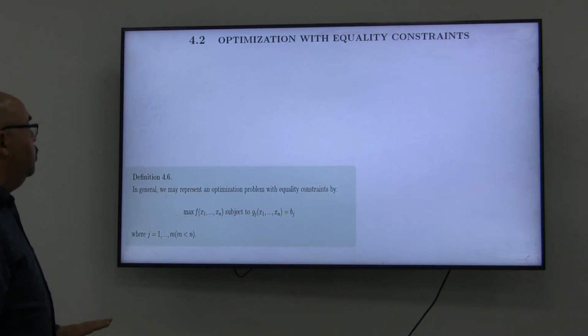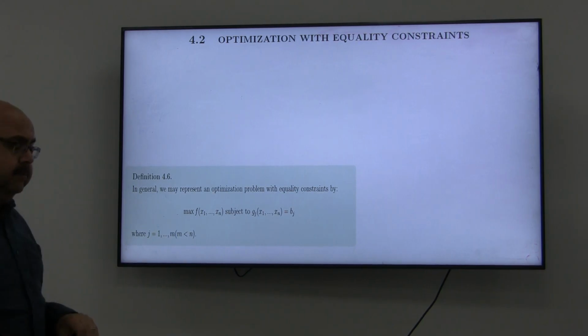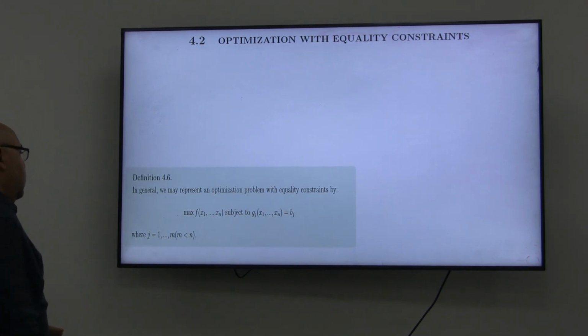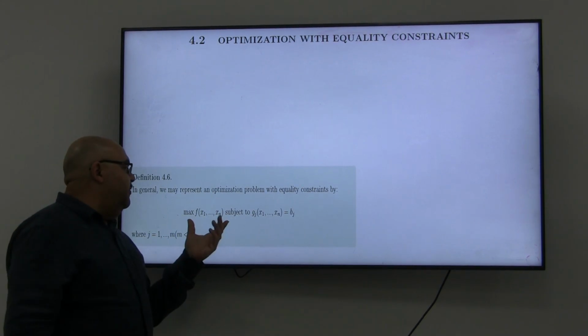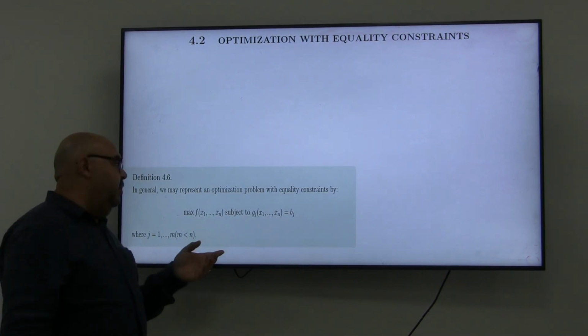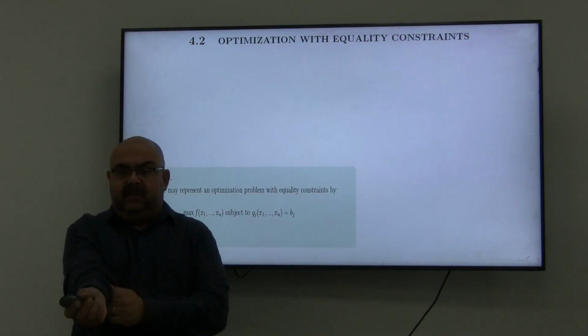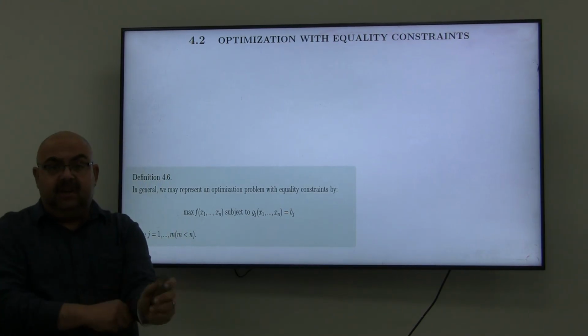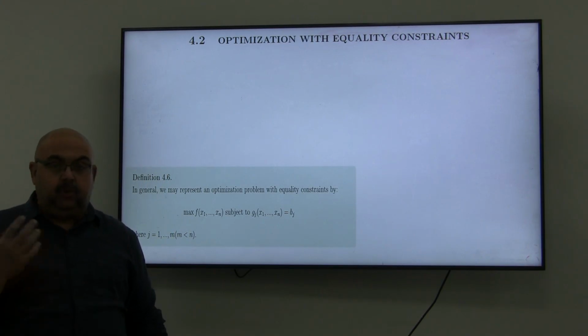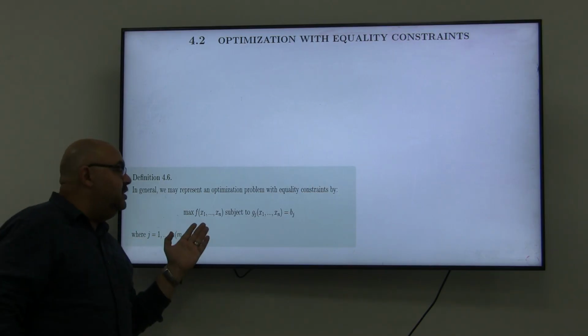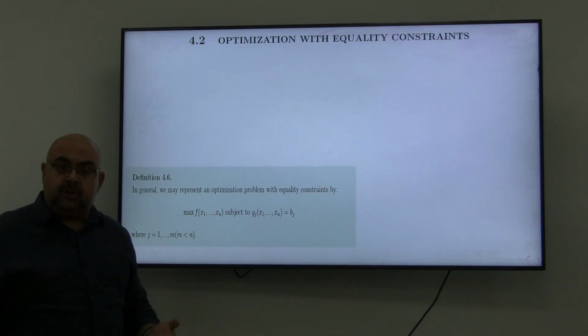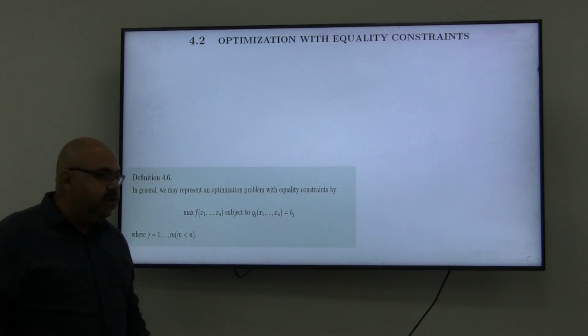I want you to know that the formulation of these problems will contain the function to be optimized, either maximizing or minimizing, and we did go through this in the previous lecture. So it is either maximizing your profit or revenue, or minimizing your costs or efforts or whatever.